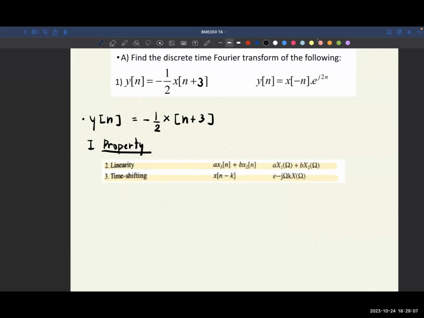In this case, would be -1/2. And our K is going to be -3. We just mark that down for now, okay?